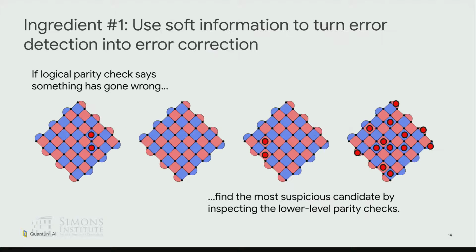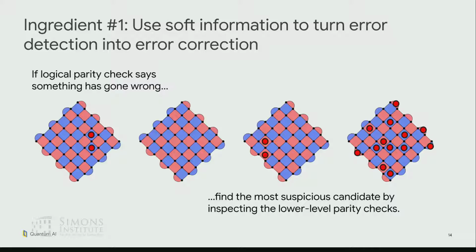So the first property that we can take advantage of is what we call soft information. Let's say I'm running my logical error correction, and one of my parity checks says something bad has happened. Ostensibly, I don't know what surface code has gone wrong, but I'm certainly not going to throw out my information. So what I can do is actually inspect the surface codes.